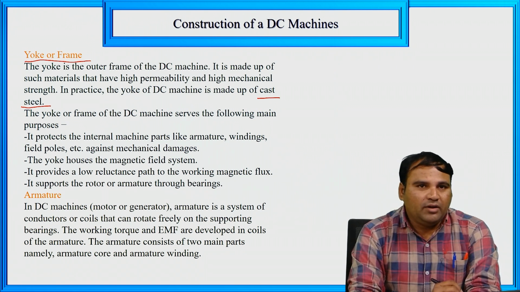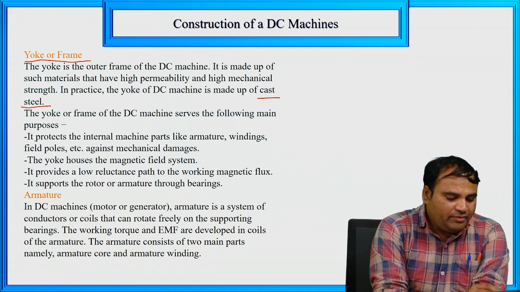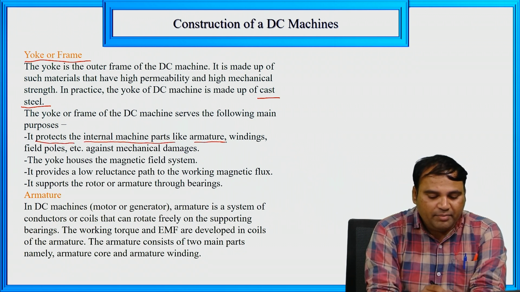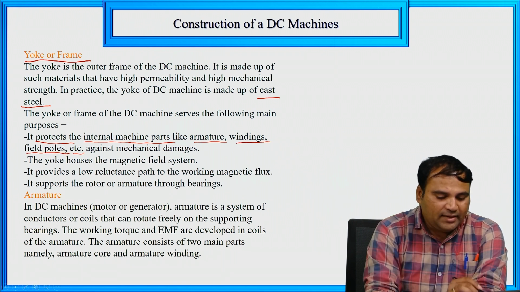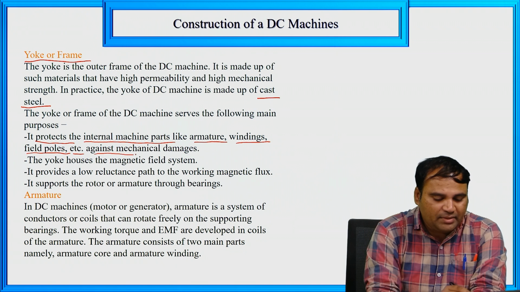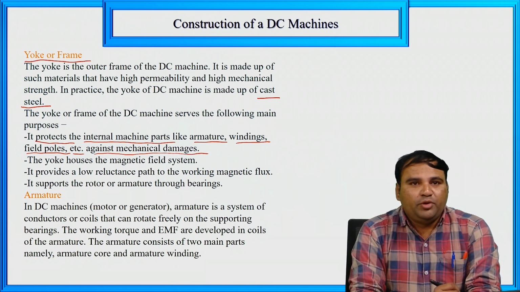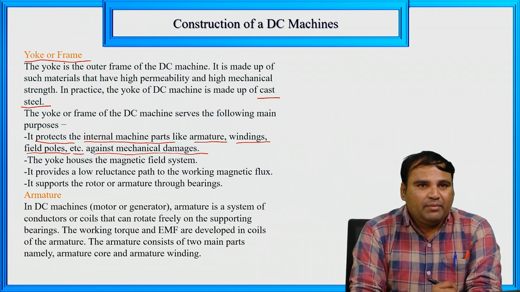The yoke or frame of the DC machine serves the following main purposes. It protects the internal machine parts like armature, windings and field poles against mechanical damage.